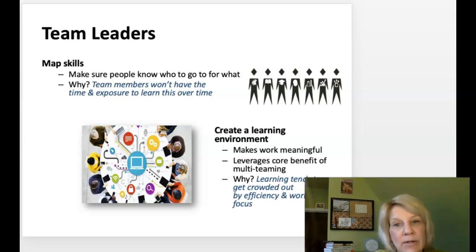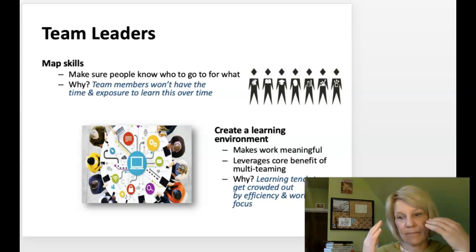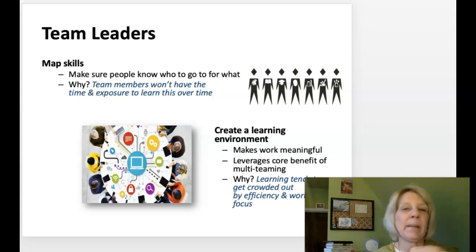Learning tends to get crowded out again because people are worried about switching costs, and one of the prime reasons for having a team-based organization is to have learning and knowledge transfer happen faster across the organization. But paradoxically, those stressful attention problems that happen in multiple team systems can actually reduce the capability in a team to learn.